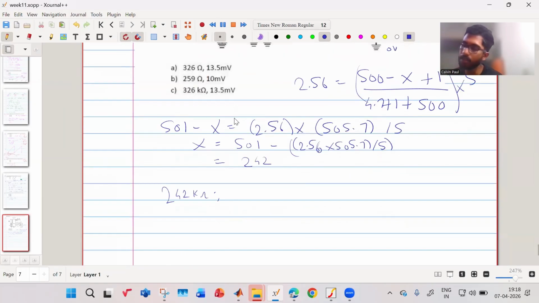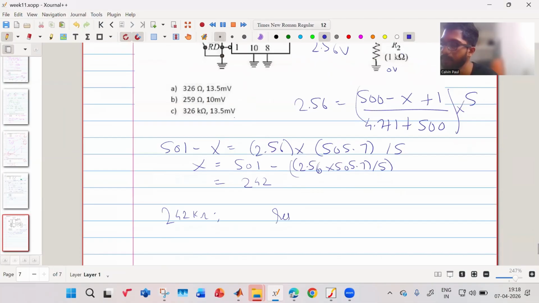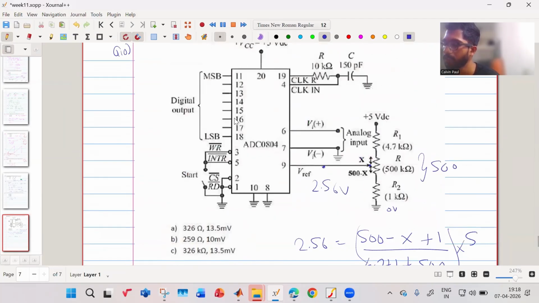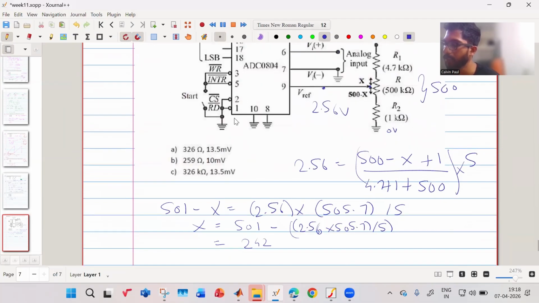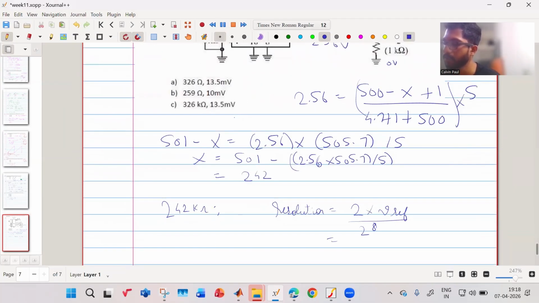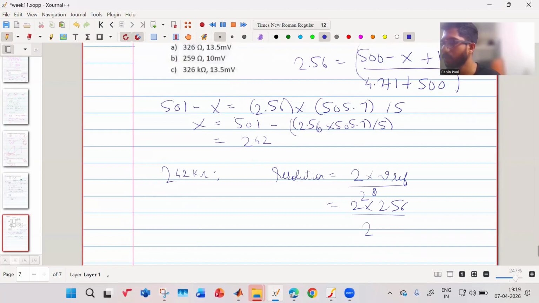Your resolution also you can get. It is 2 into your VREF upon 2 raised to 8, because it is an 8 bit ADC.